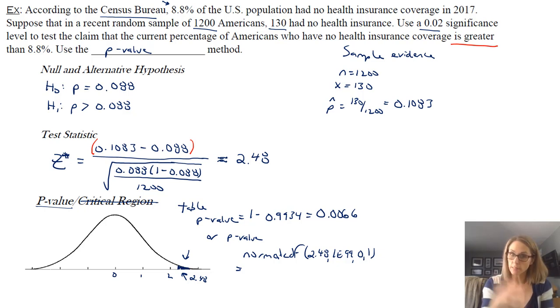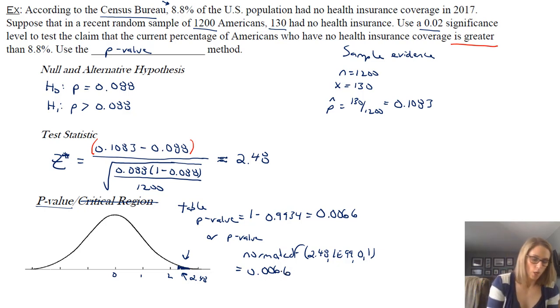Because this is a z-score, I can use normalcdf. So 2.48, if I put in 1E99 or some really big number, 0, 1, and I paste it, I'm going to get, not surprisingly, 0.0066. Same exact thing using the calculator. So either one is fine. Just make note of where you're finding it so I know how you're getting your answer.